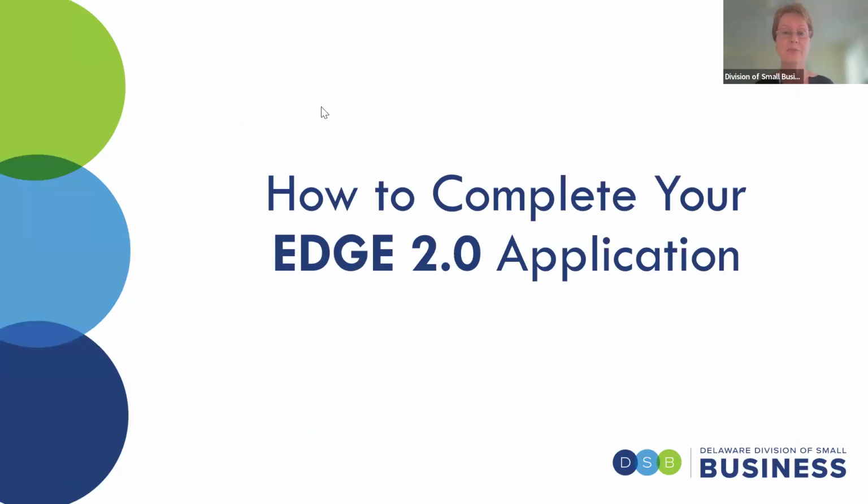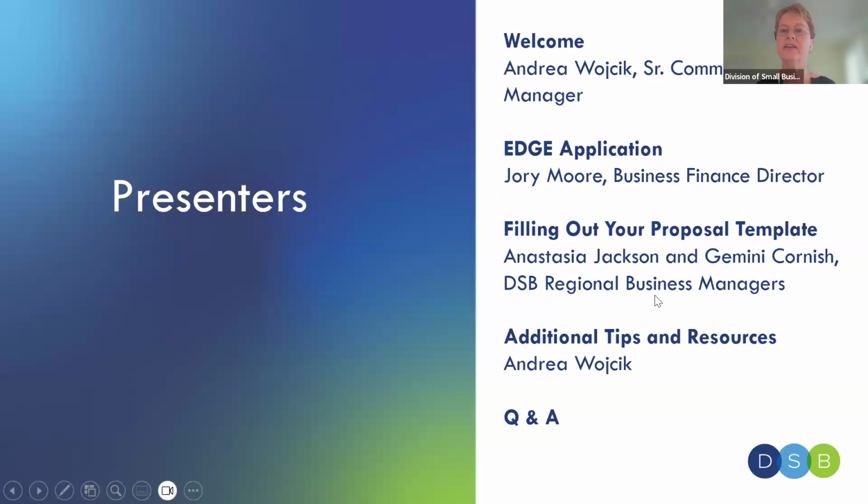In the interest of time, because we have a lot to cover today, I'm going to go ahead and advance the slide. Again, I'm Andrea Wojcik, Senior Communications Manager for the Division of Small Business. We are going to talk you through all the steps about how to fill out your Edge application.